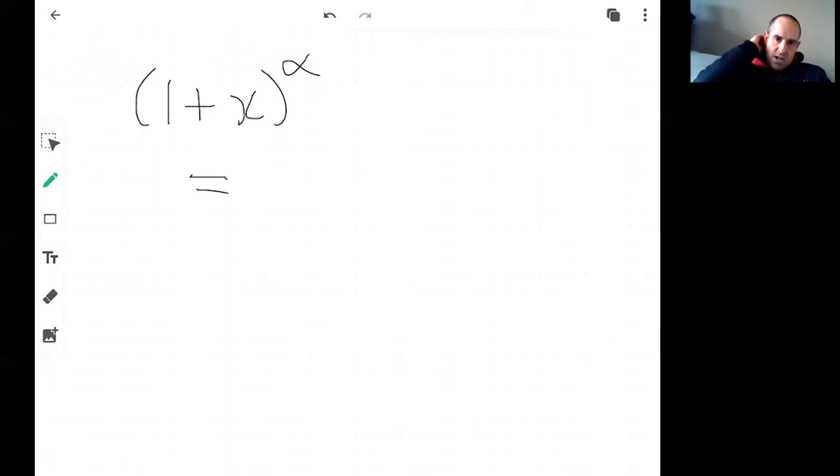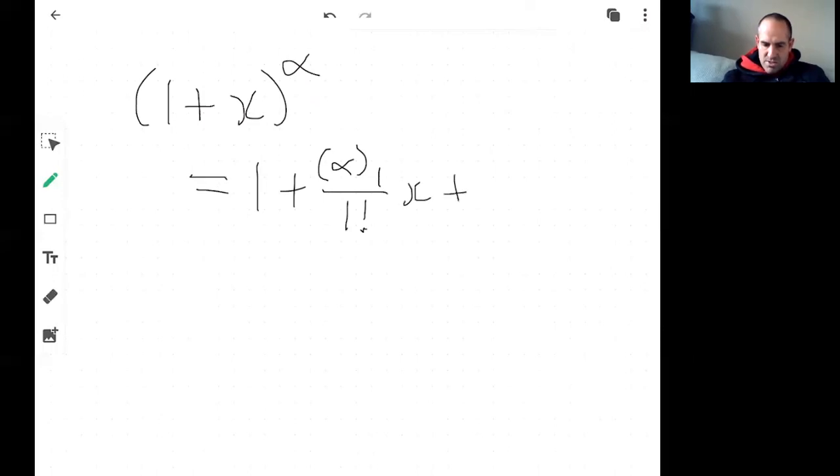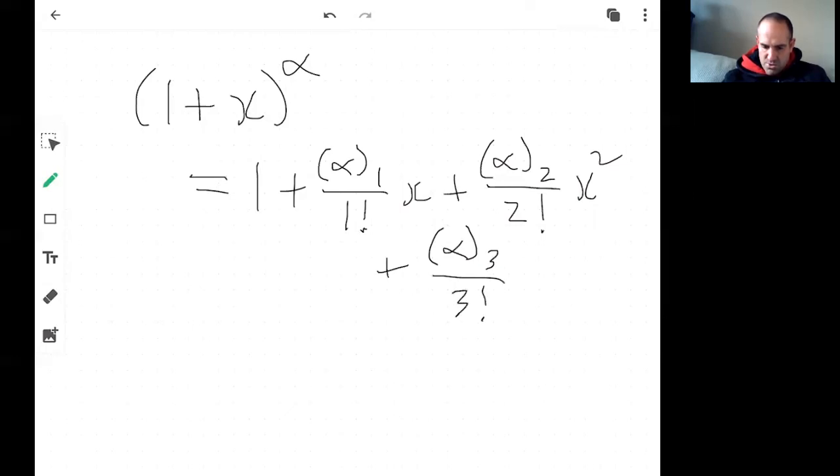Well, it was 1 plus alpha sub 1 over 1 factorial x plus the Pochhammer symbol alpha sub 2 over 2 factorial x squared plus alpha Pochhammer symbol sub 3 over 3 factorial x cubed plus etc. Okay, so that's a 3 right there, sorry.